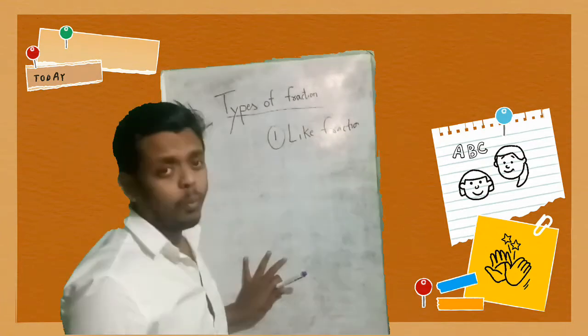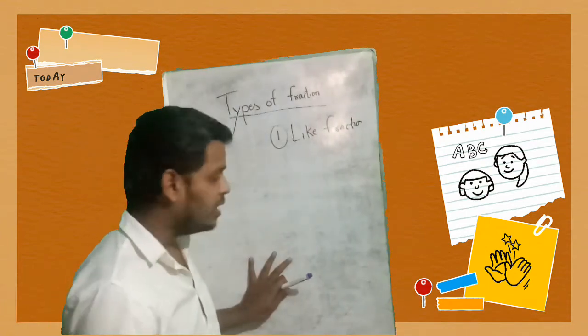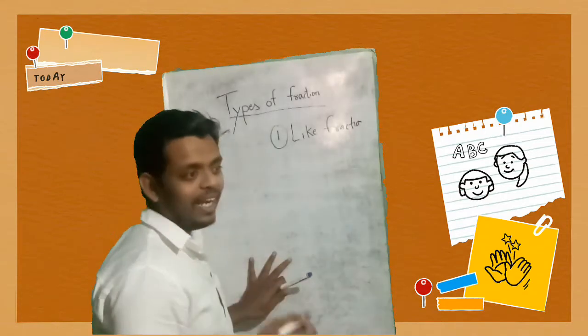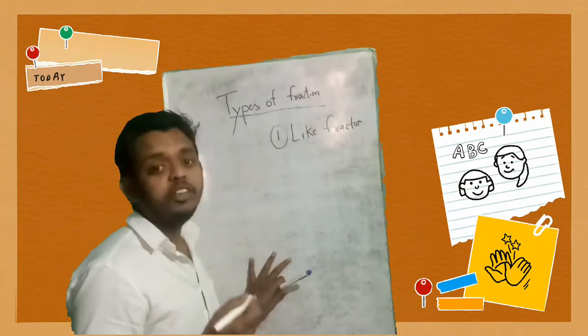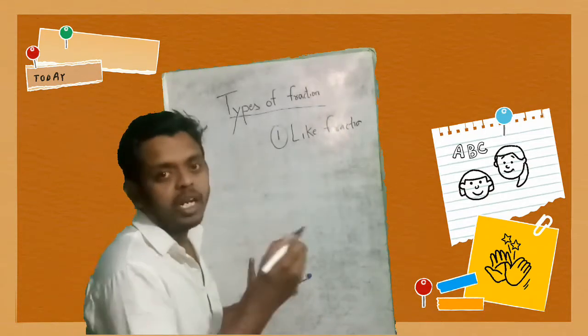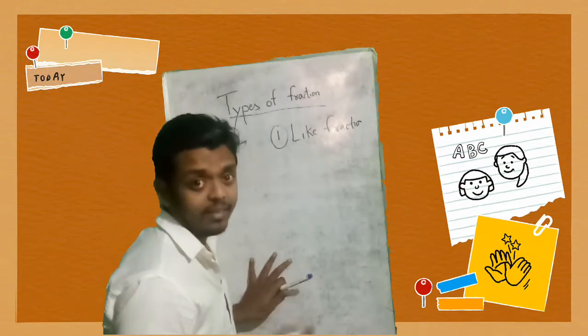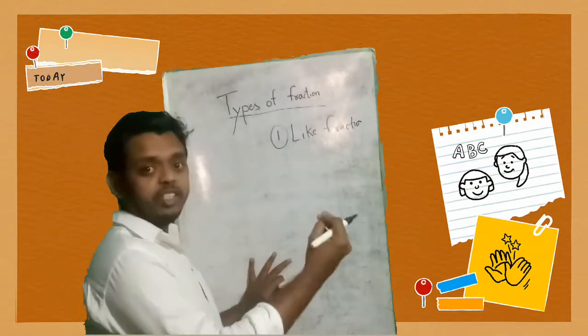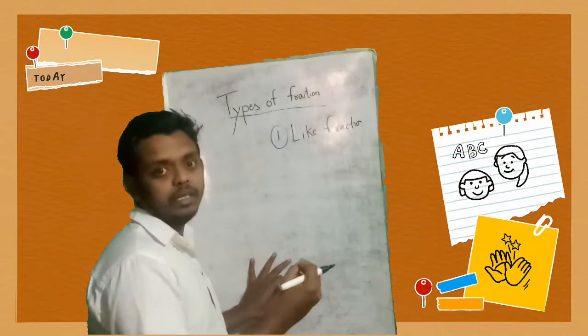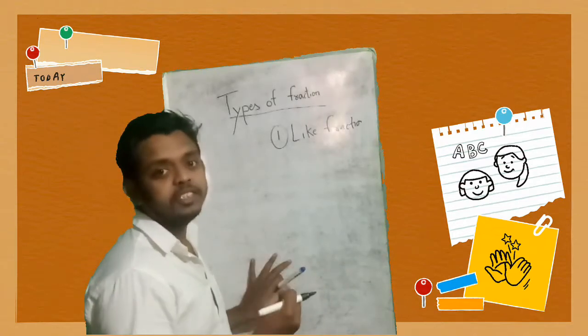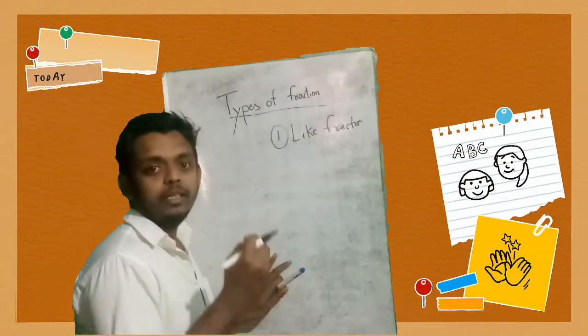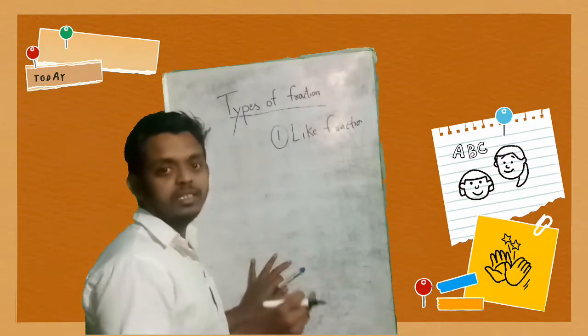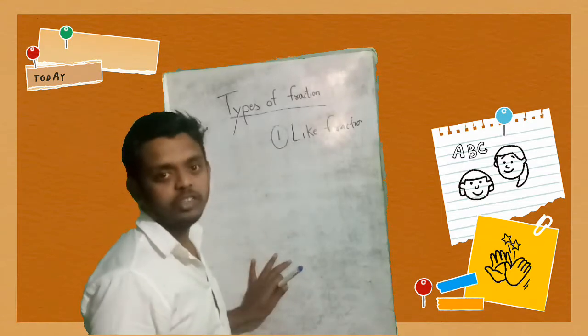Now, what is a like fraction? As I said, any number that can be written in the form of a by b is known as a fraction. And when different fractions have the same denominator, all the fractions are collectively known as like fractions.